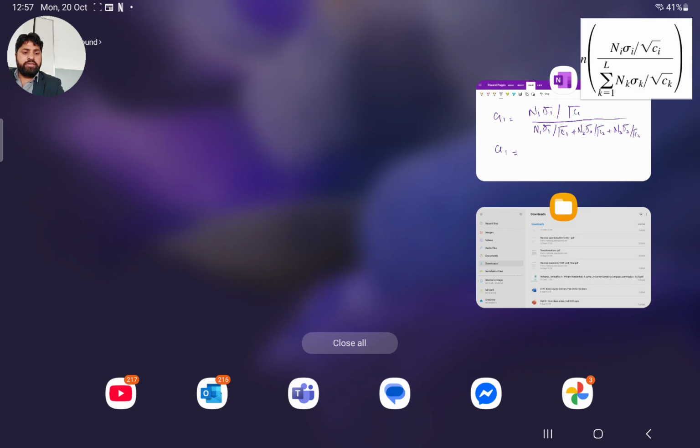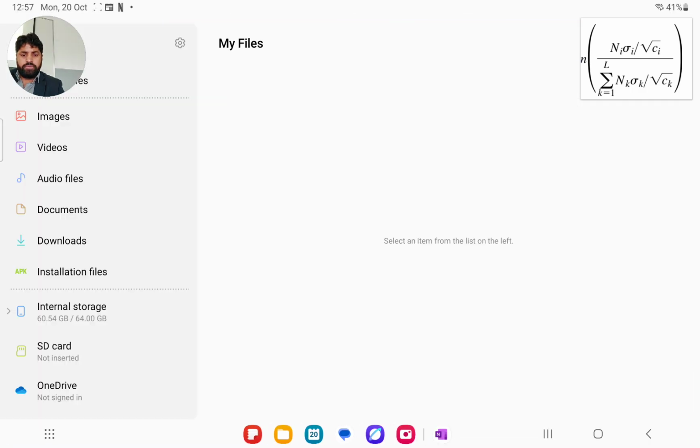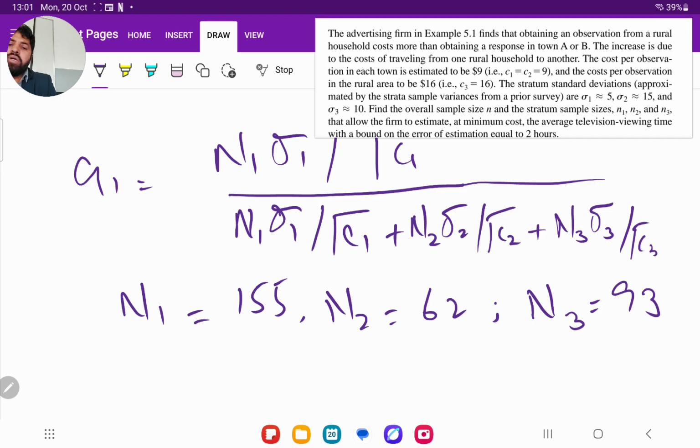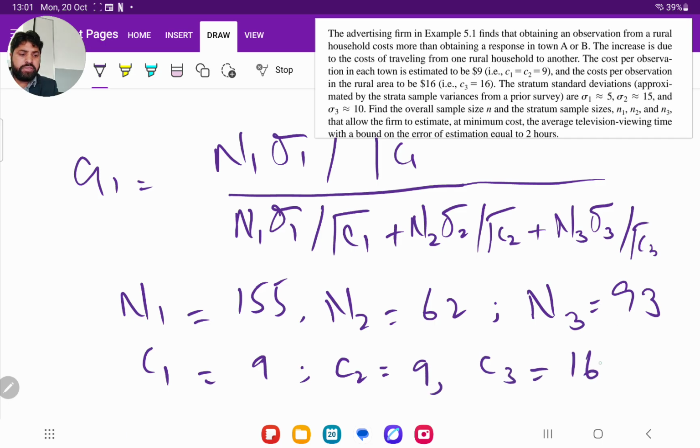So N1 is 155, N2 is 62, N3 is 93, and we have C1 is 9, C2 is 9, and C3 is $16.